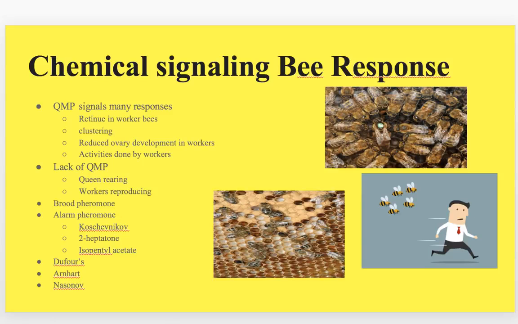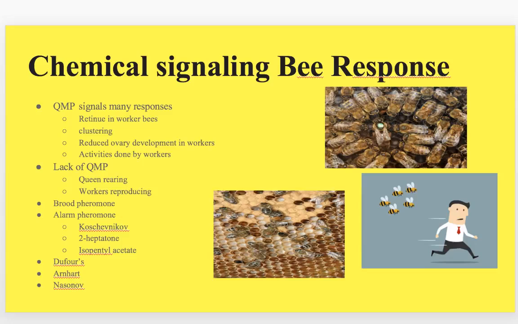The DeForest gland is a gland that the queen uses, and when the queen lays eggs, a pheromone is put onto those eggs, and the workers can tell which eggs were laid by the queen, and if the egg was not laid by the queen, the bees will remove that egg.